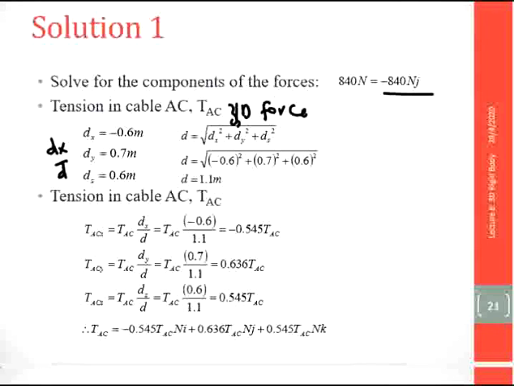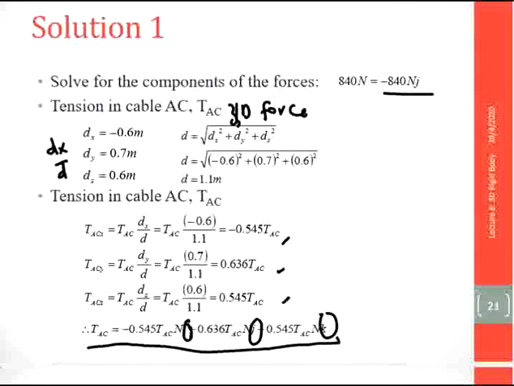So for TAC the equation is like this. Because we don't know the value of TAC, we just put TAC here. So we have TAC in the i direction, j direction, and k direction.